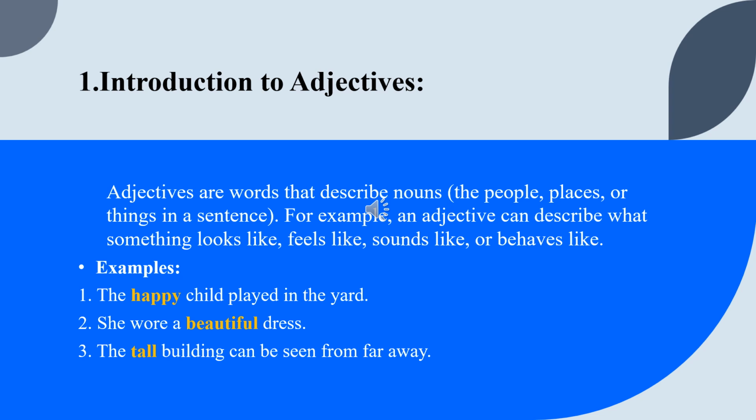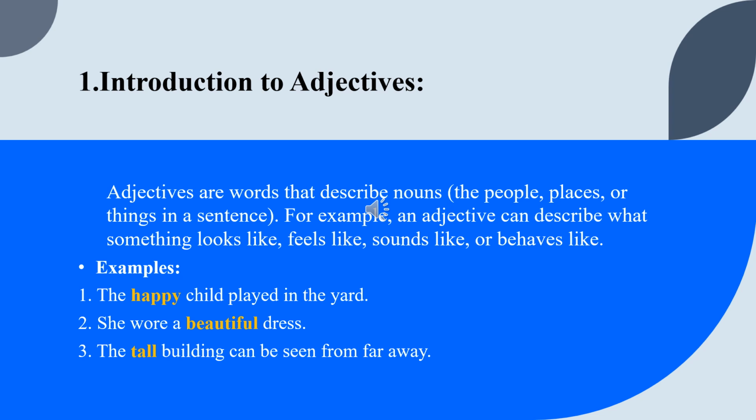Look at these examples. The happy child played in the yard. You see the word in the yellow color, happy. So it's an adjective describes the child. Look at the second example.